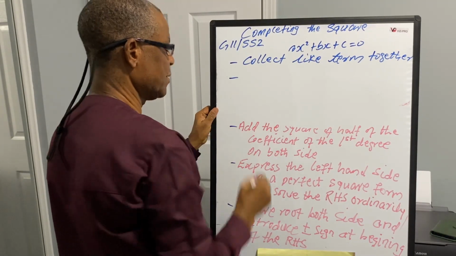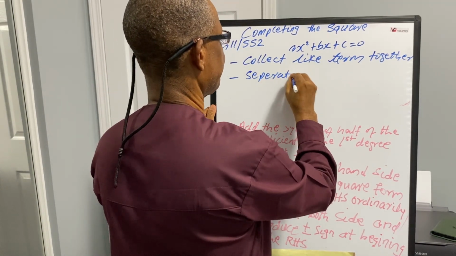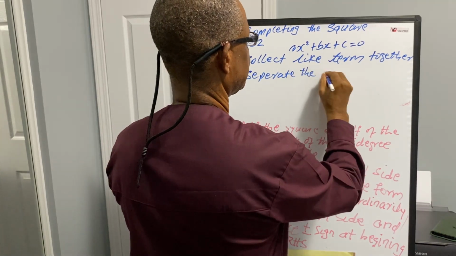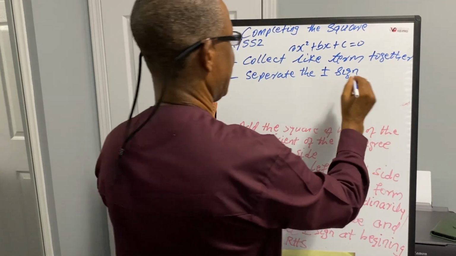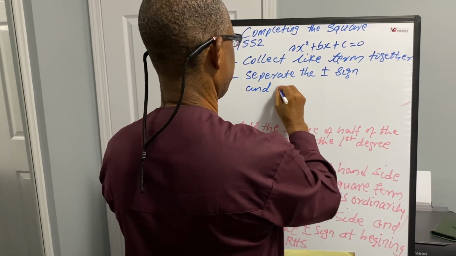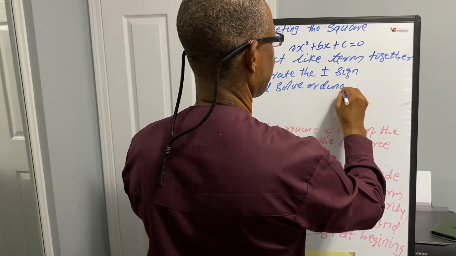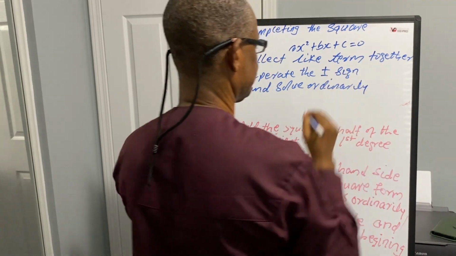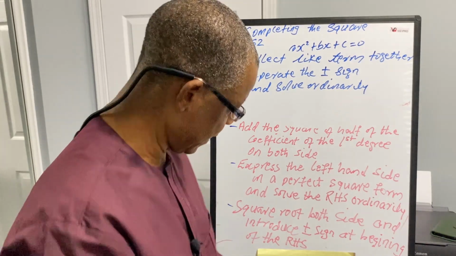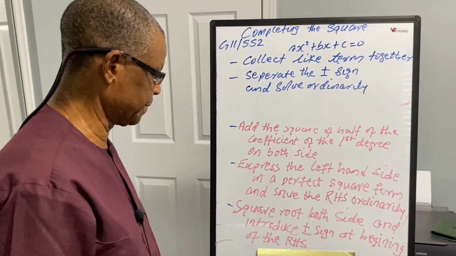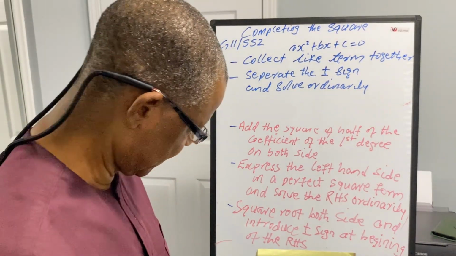When you are done with that, you separate the plus and minus sign and solve ordinarily. That is the rule in completing the square method. You follow this rule, and when you follow it, you will get the correct answer.